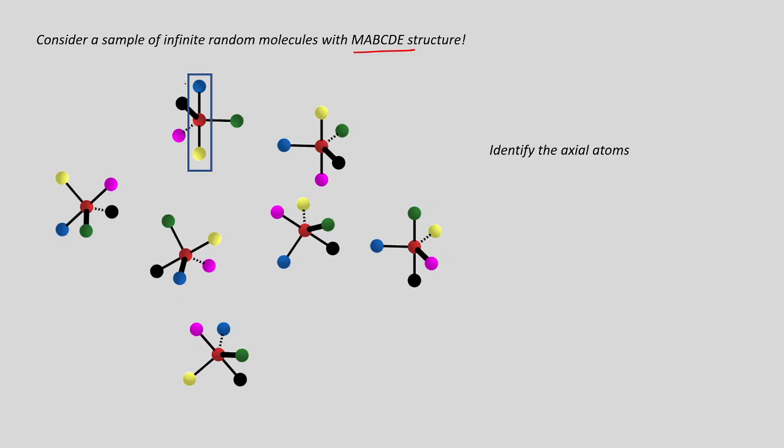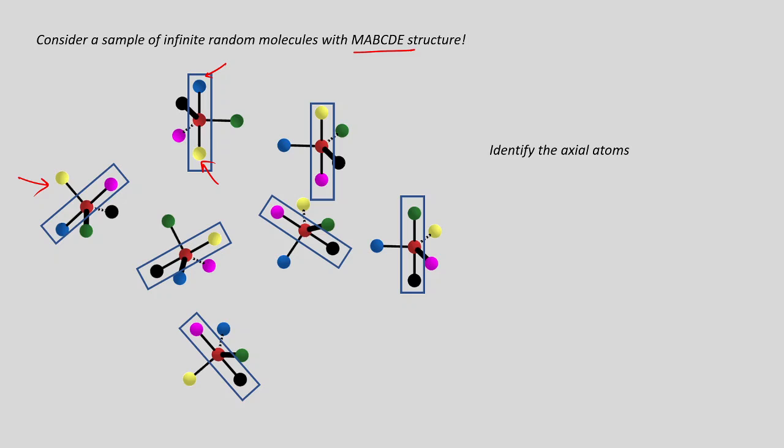So in the first one you see that the blue and yellow are at axial. How do you identify that? So the axial atoms should be exactly opposite to each other. For example, here in this shape, can you identify pink and blue? And then similarly in all other molecules you can identify the axial atoms.